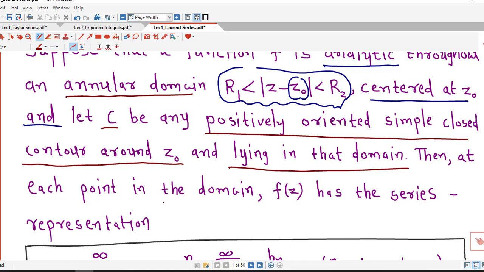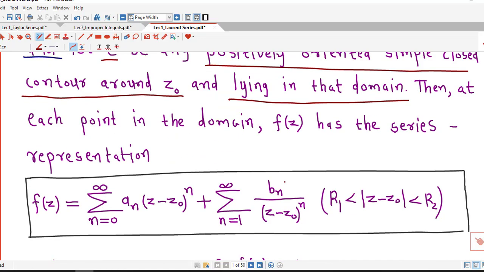Then at each point in this annular domain, f of z can be represented by this series: f of z equals sigma n equal to 0 to infinity a_n times (z minus z0) raised to n, plus sigma n equal to 1 to infinity b_n over (z minus z0) raised to n.